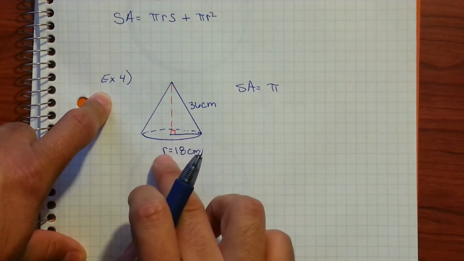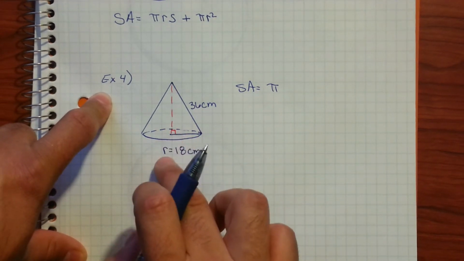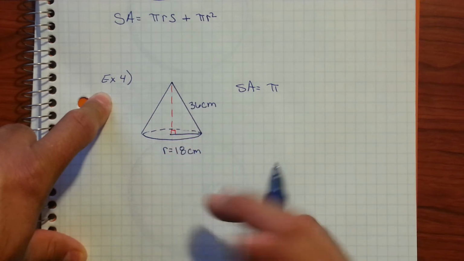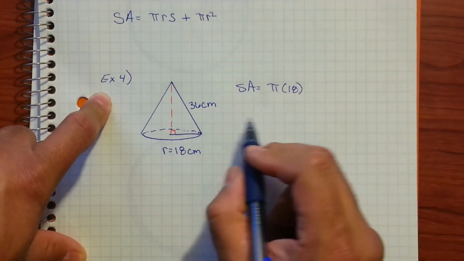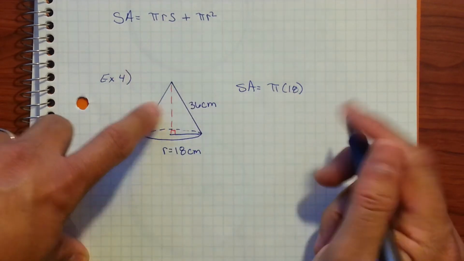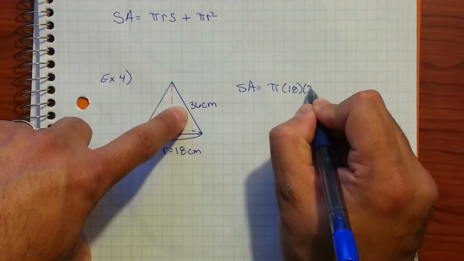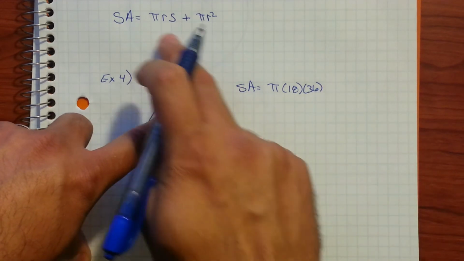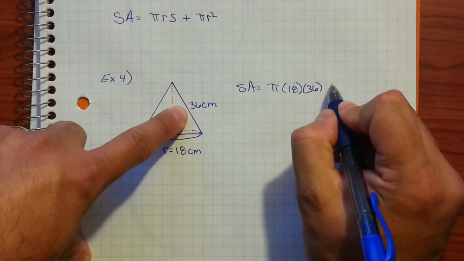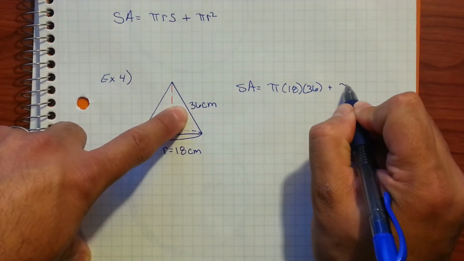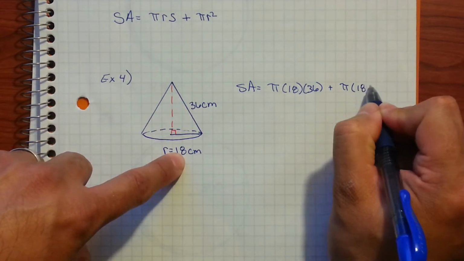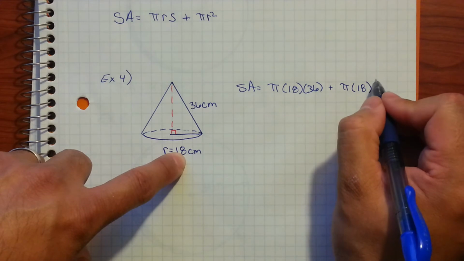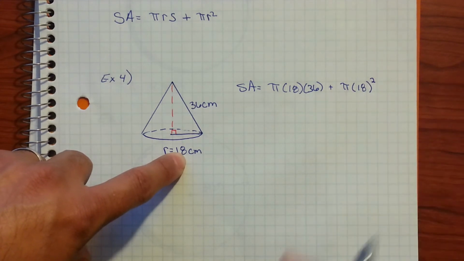Now r, my radius here, because it was kind of bunched up to cram in there, is going to be 18. S, which is 36. So there's my pi r s, plus pi radius 18 squared right there.